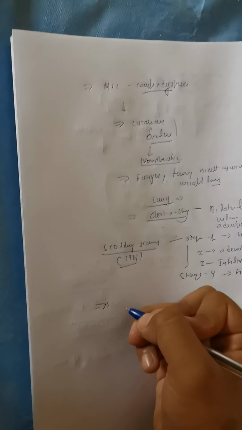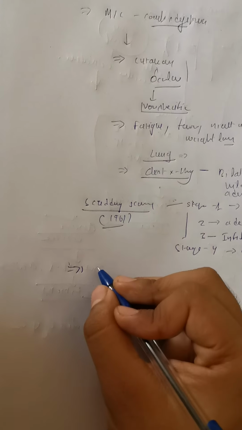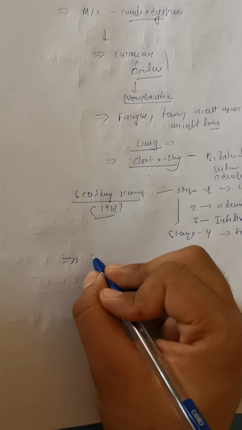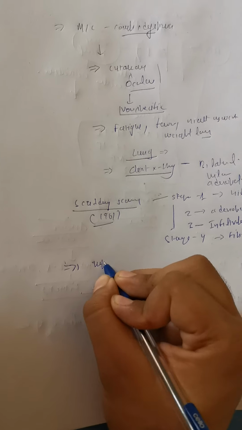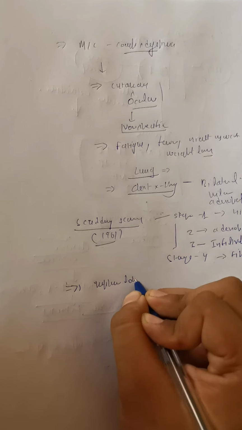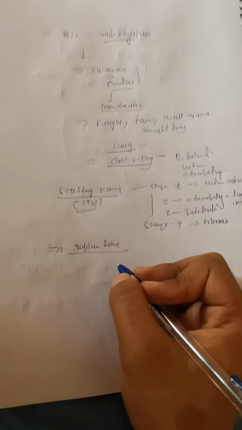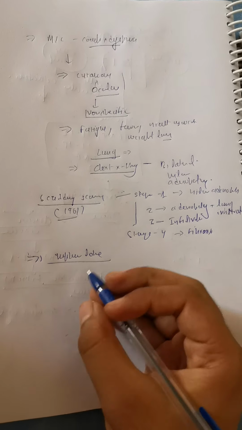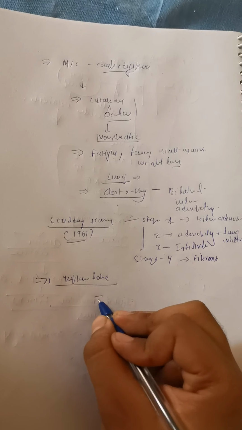Sarcoidosis has an upper lobe predilection, so it predominantly involves the upper lobe, and there are only a handful of non-infectious diseases which involve the upper lobe.